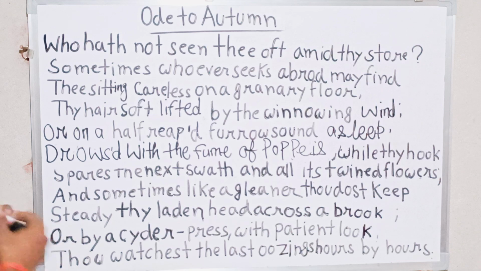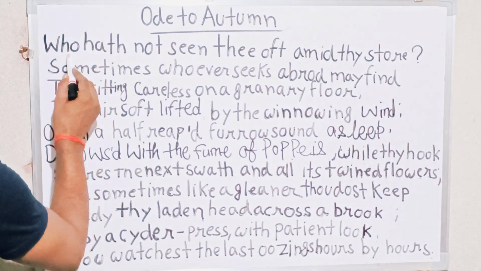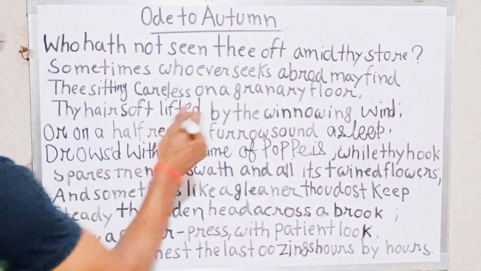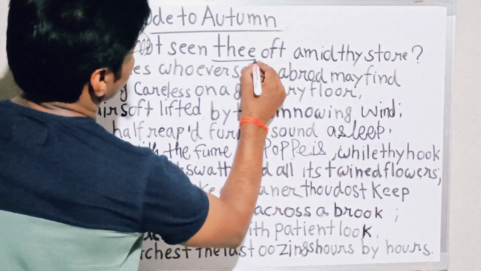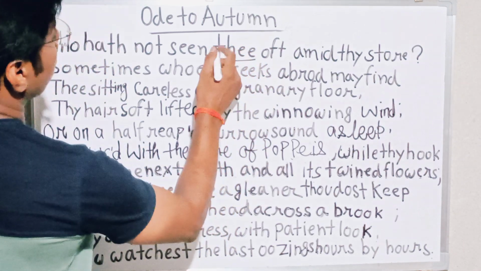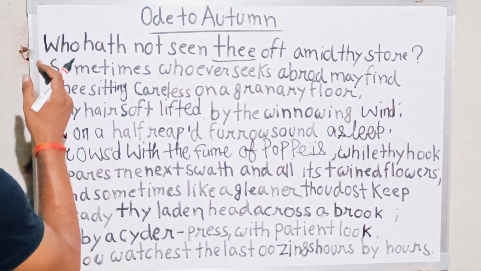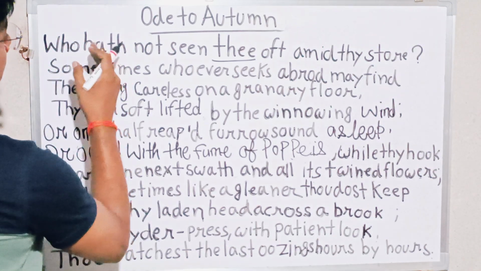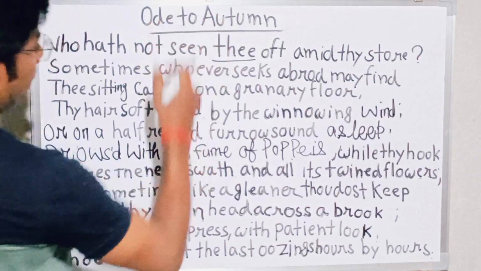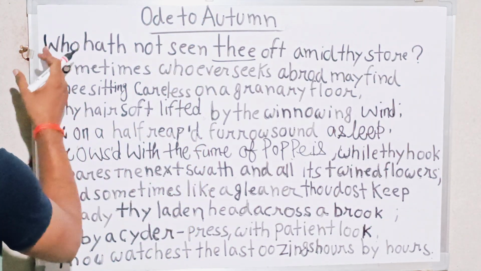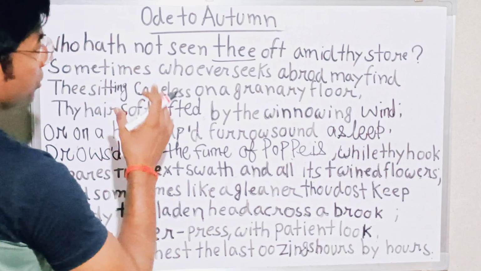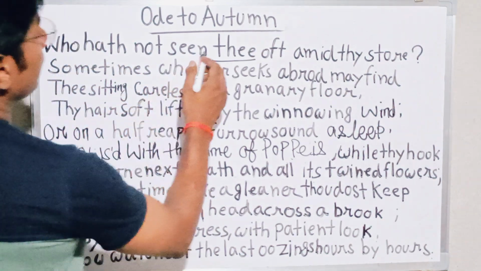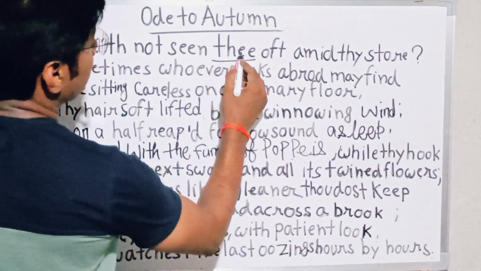So see, he says, who hath means who has not seen thee. Thee, my dear learners, dear students, thee here stands for what? Stands for autumn. See how the poet has here been imagining autumn. Remember, my dear learners, here autumn has been personified as a woman, and that's why here he is using the word thee.